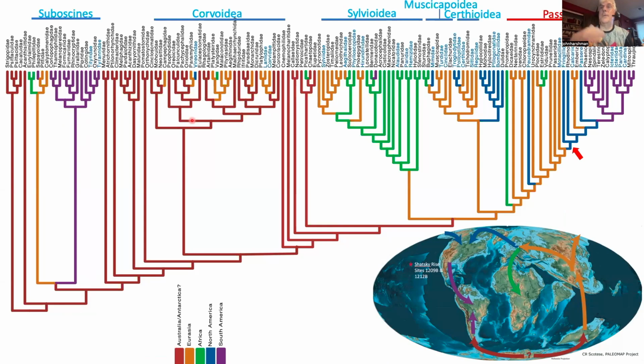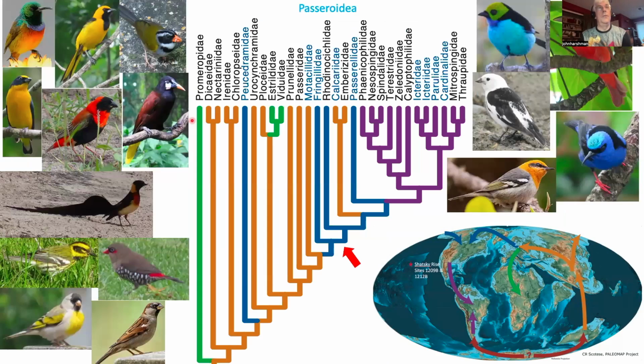So Passeroidea originates in Asia, and includes lots of species that you have seen if you've gone anywhere in the Old World. Well, sunbirds, a really big family in the Old World.